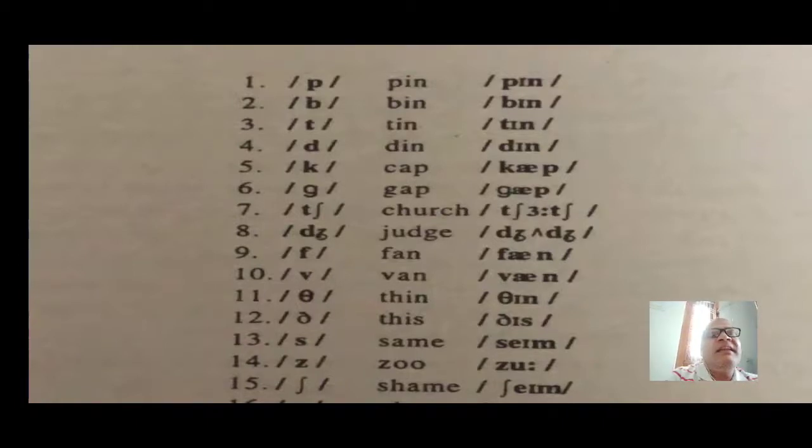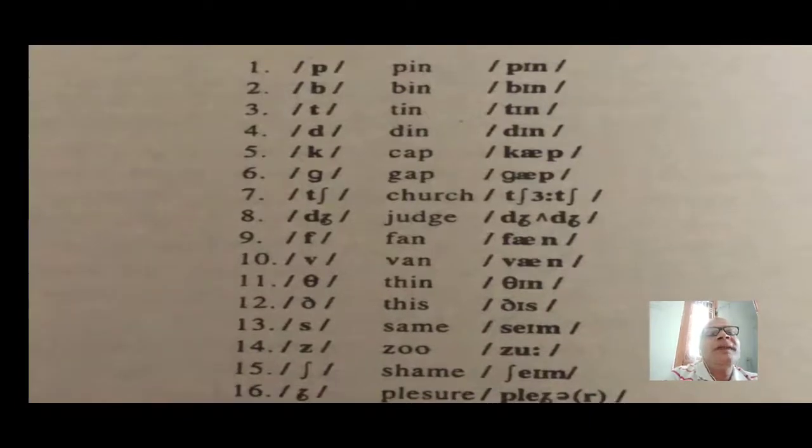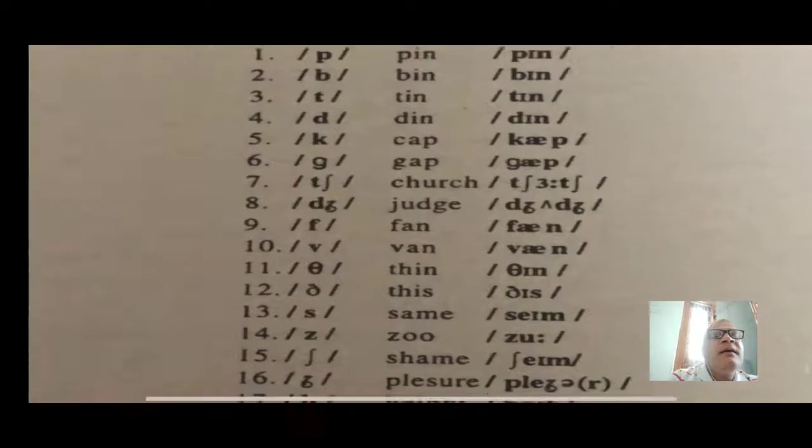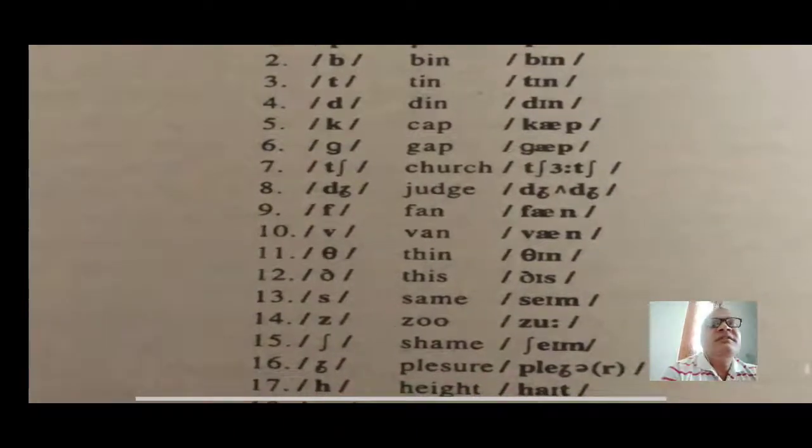K, C is standing for most of the time k, and this is g, and the next one is ch. While we are learning the alphabet, there is no space for ch, but in phonetic transcription there is a specific place for ch. And next is j, judge.